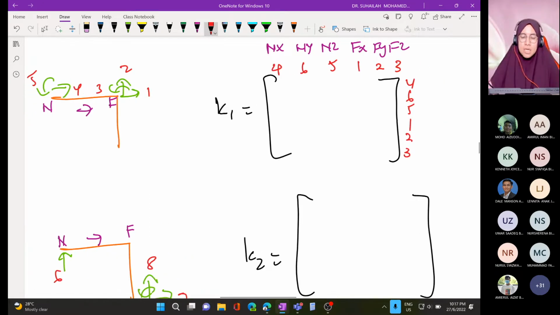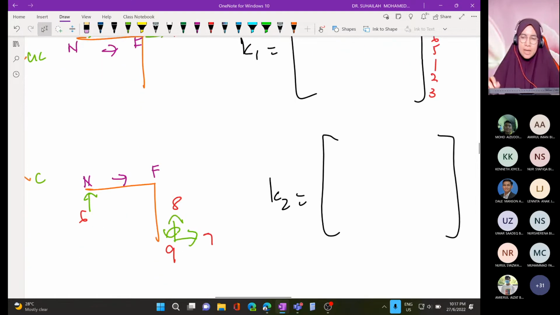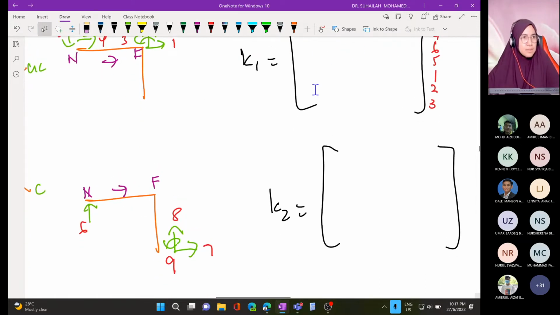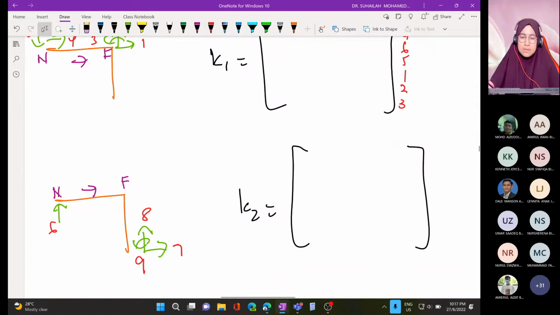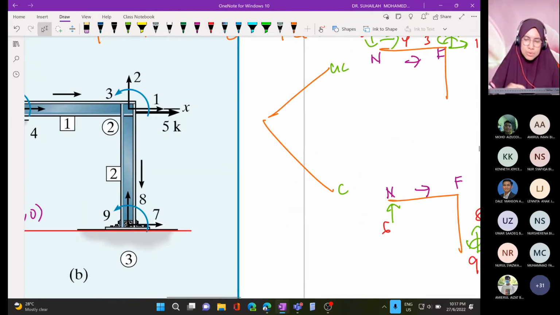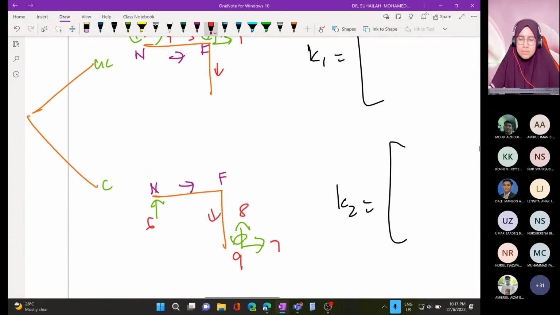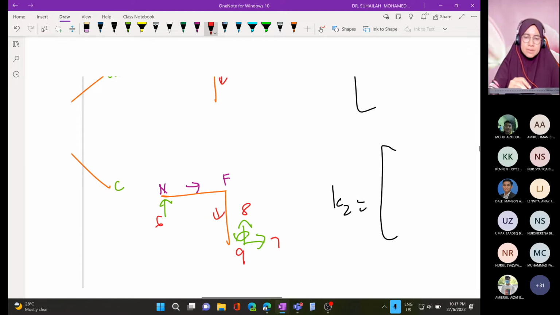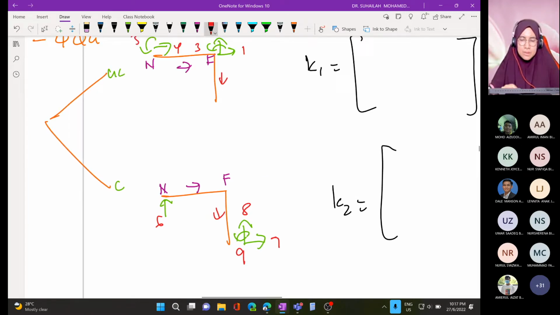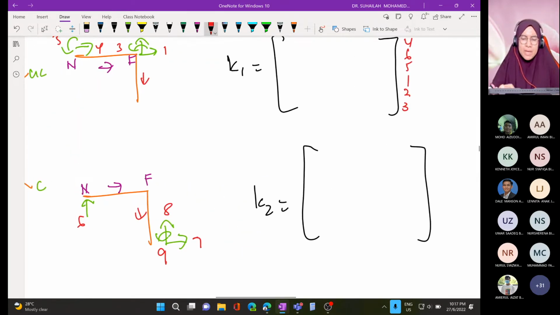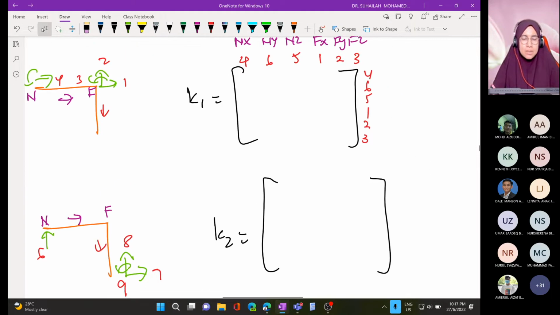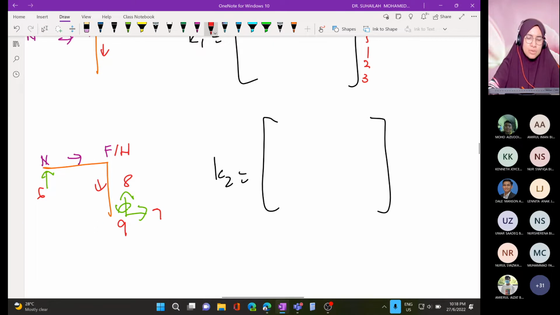Okay. And okay, for element number 2, arrow is down direction. So near will be, yang ni jadi near lah. This one jadi far.